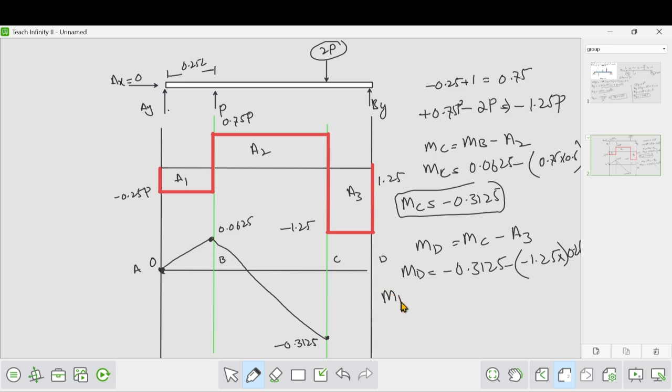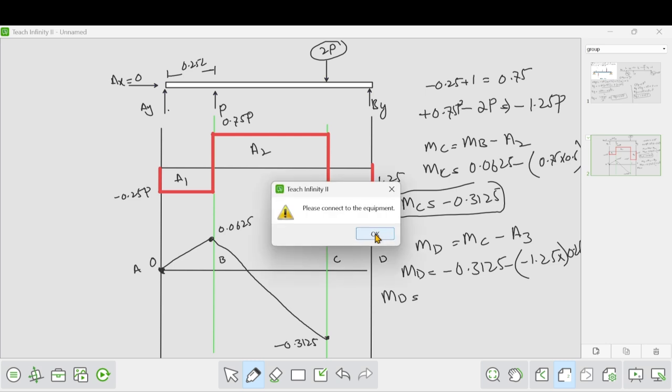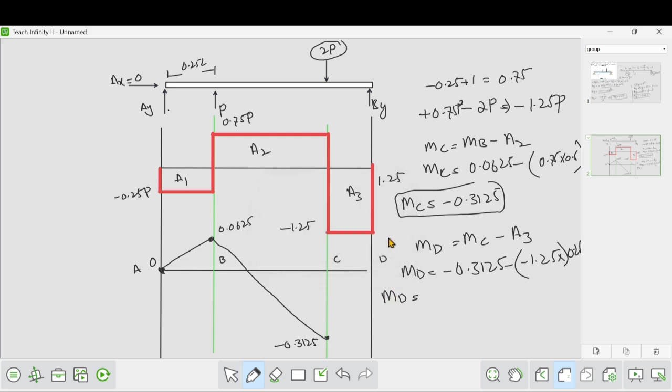So negative into negative, which is positive, 1.25 multiplied by 0.25, so this will become equal to 0. So MD is equal to 0.